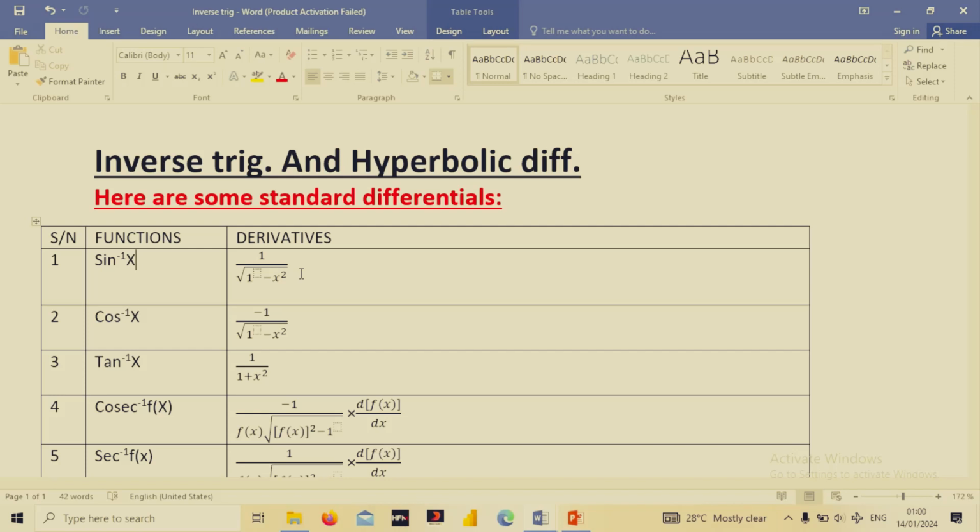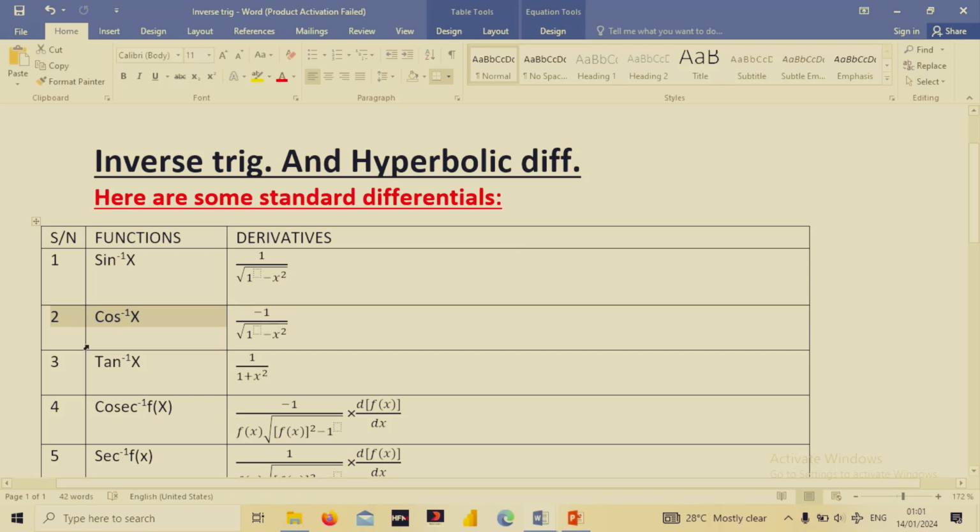Then number two, we are having cos inverse of x, and the answer is minus 1 over root 1 minus x squared. You can see that. So the difference between sine inverse of x and cos inverse of x is there is minus 1 in cos inverse of x, right?